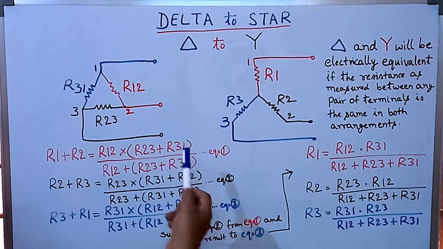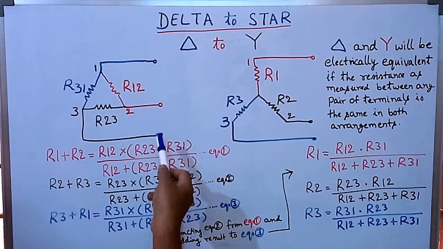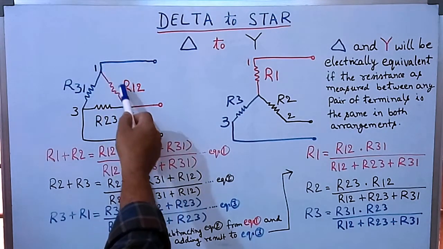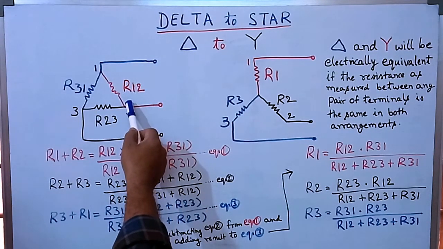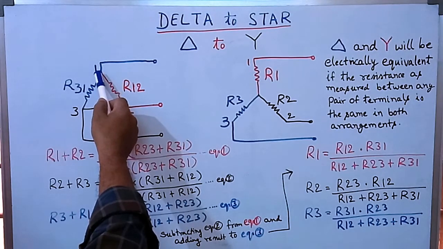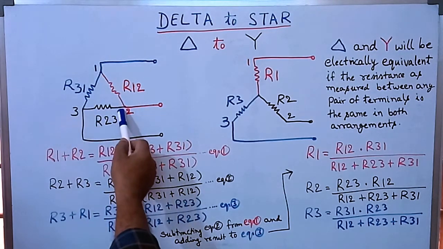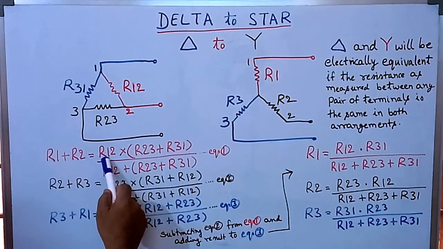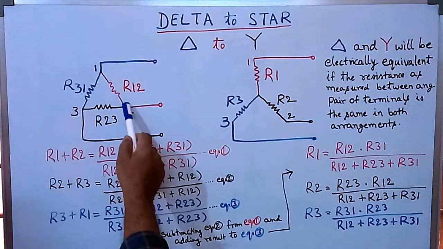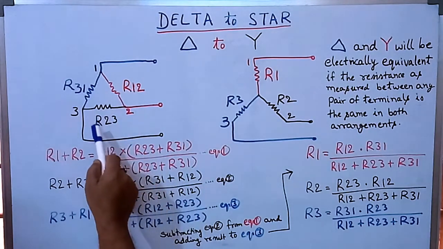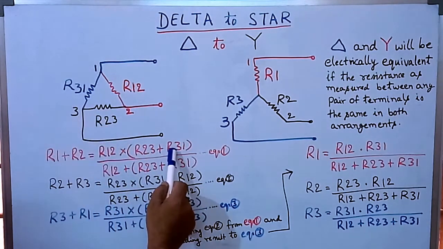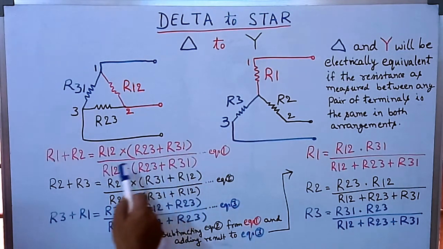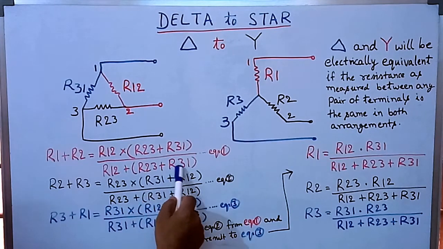Let us look between terminal 1 and terminal 2. There are two paths. One is through R12 and the other is through R31 and R23. So this leads to R12 in parallel with the series combination R23 plus R31. Hence R12 into R23 plus R31 by R12 plus R23 plus R31.